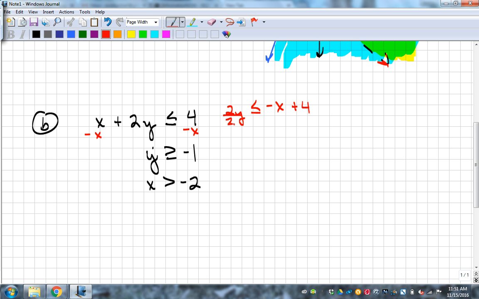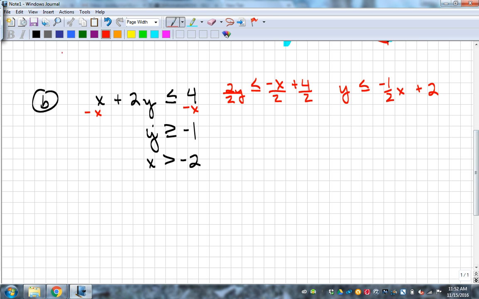And then divide by 2, right? That's going to be y is less than or equal to -1/2 x plus 2. That's in the right form. These others are just y and a number and x and a number, so they're already ready to graph. So let's just go ahead and graph them.